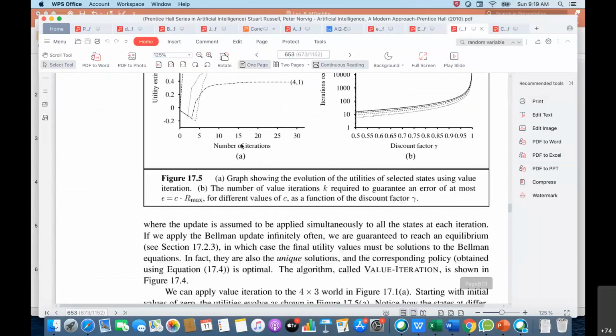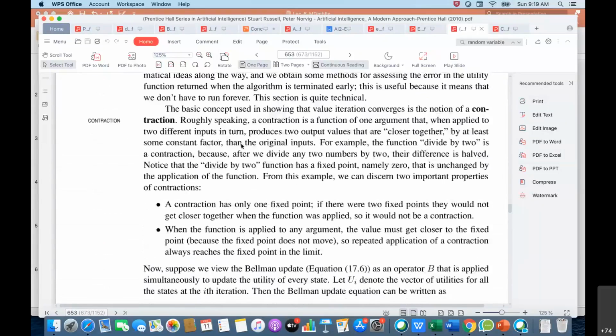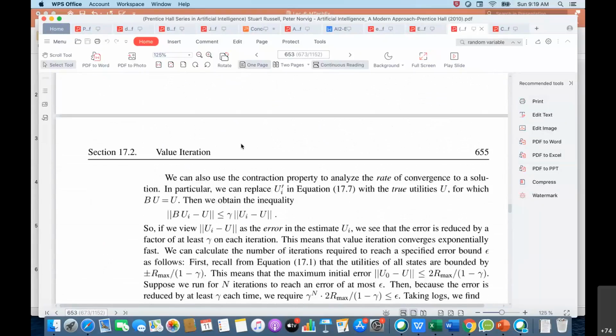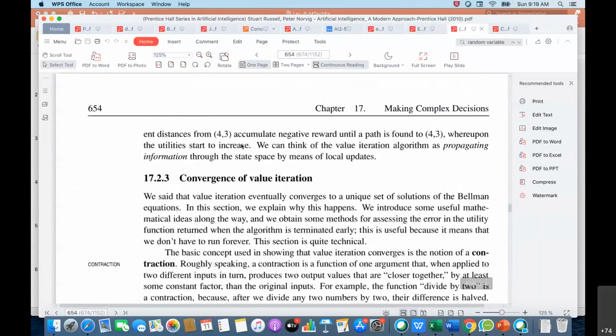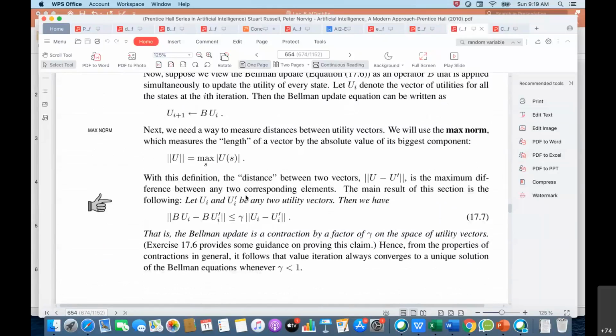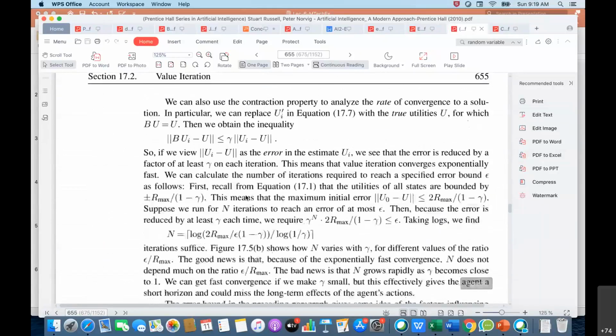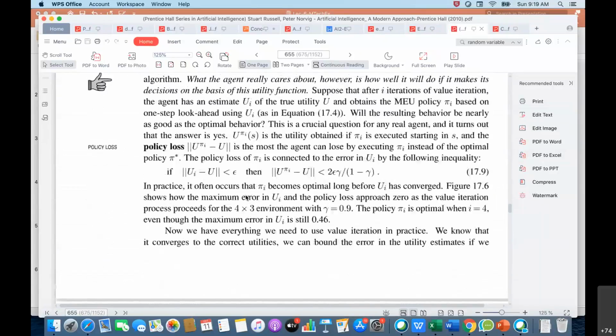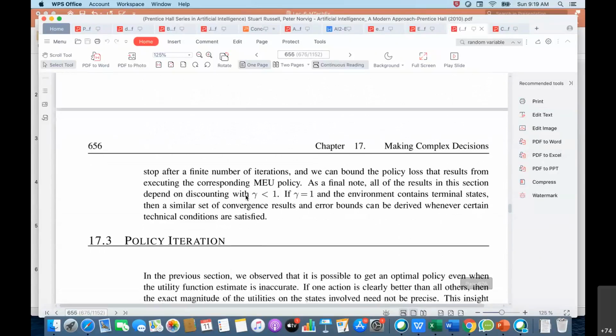Please go through the rest of that section, that is, please go through this part: convergence of value iteration and how the convergence is explained. Please do that self study and let me know what doubts you are having.